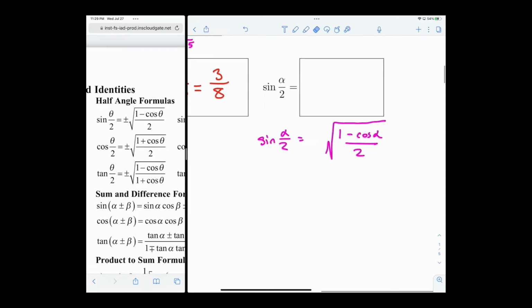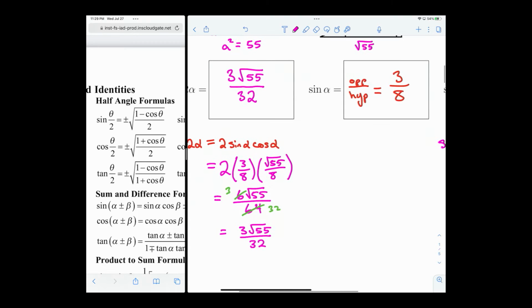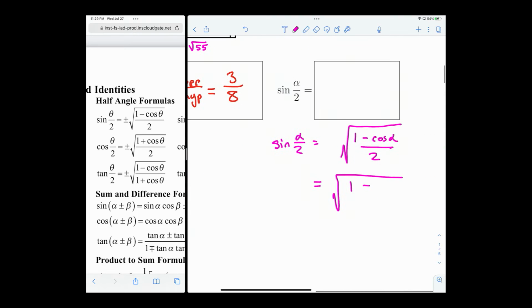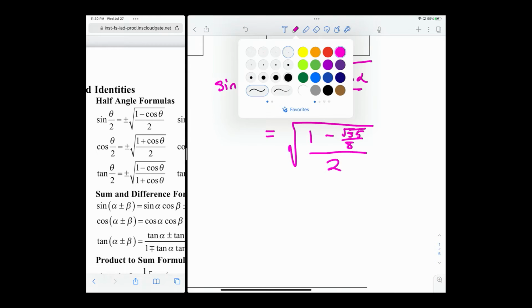So let's just take away the plus minus now, and we should just be able to fill this out. So square root of 1 minus cosine alpha, cosine alpha is root 55 over 8, over 2. And again, you can simplify that a few different ways.